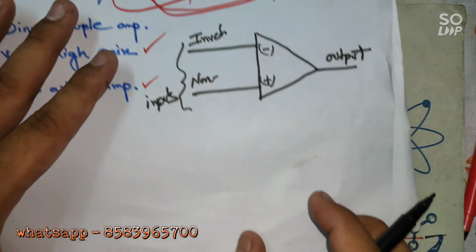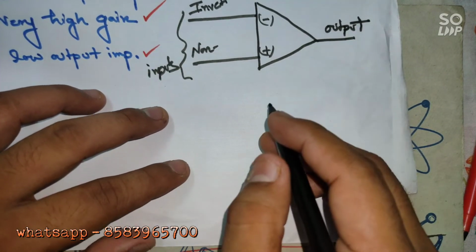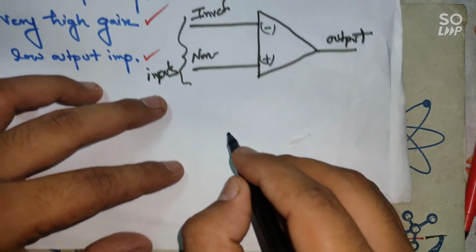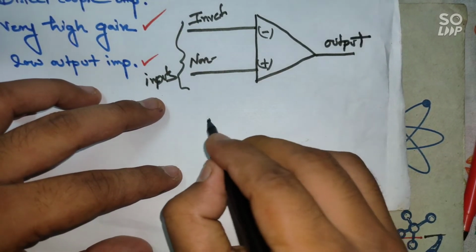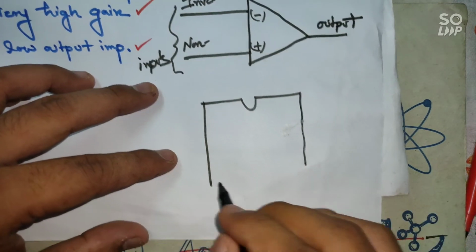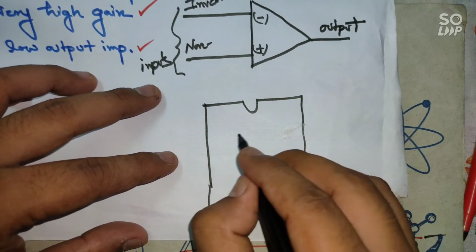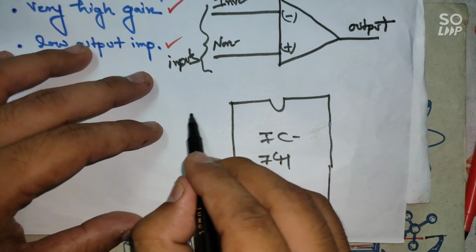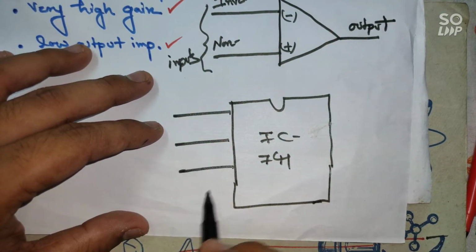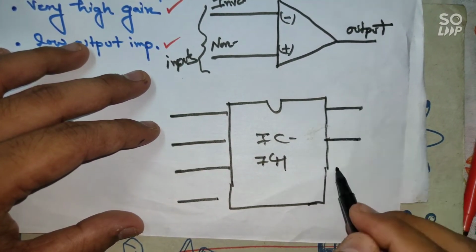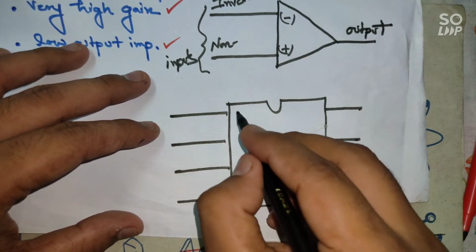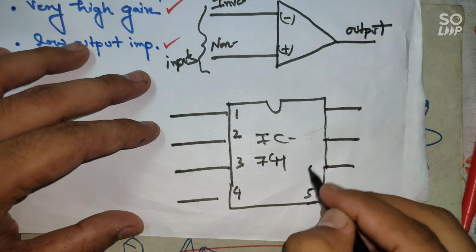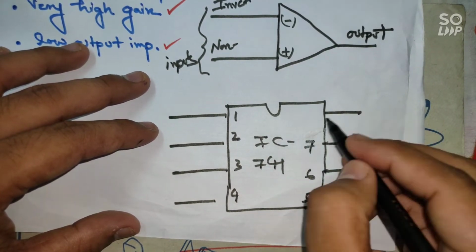Now the pin diagram of IC741. Consider this is IC741. There are 8 pins: number 1, 2, 3, 4, 5, 6, 7 and 8.